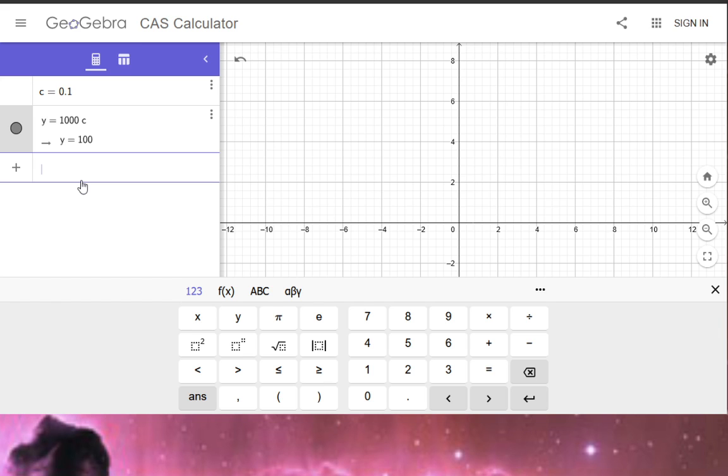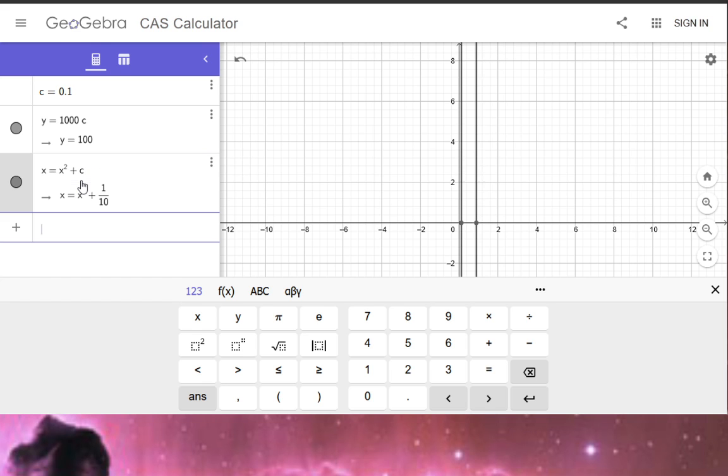What if I do x equals x squared plus c? See, the problem is I've got to keep looping this equation.